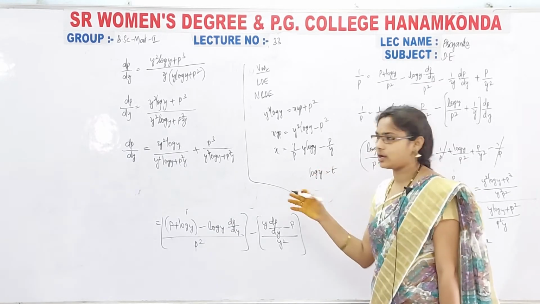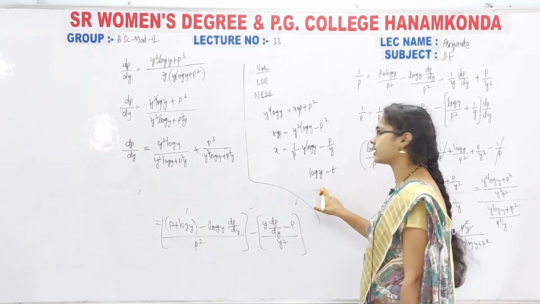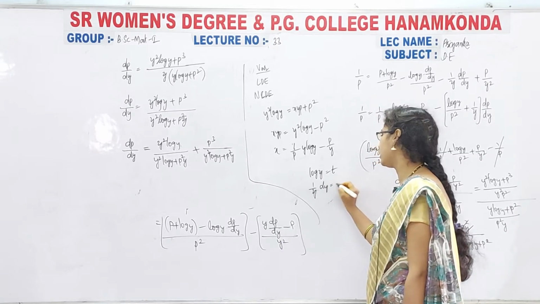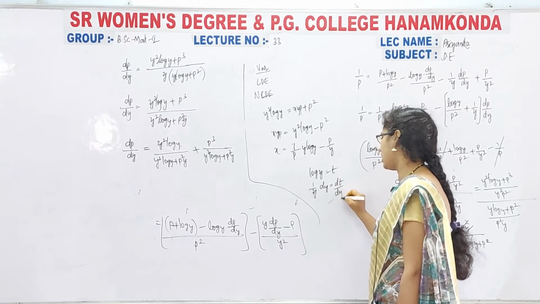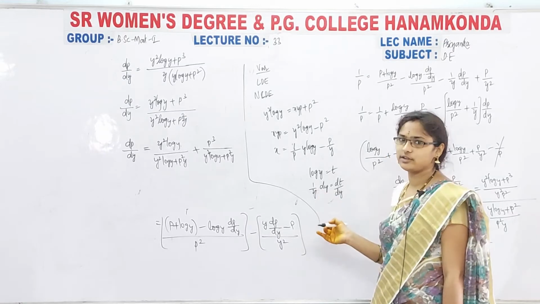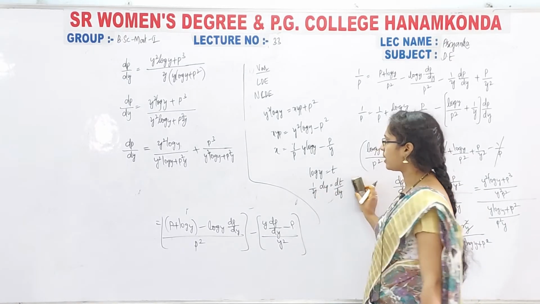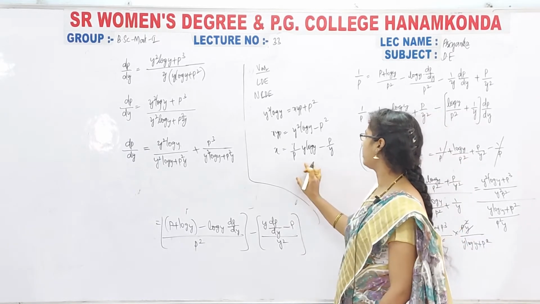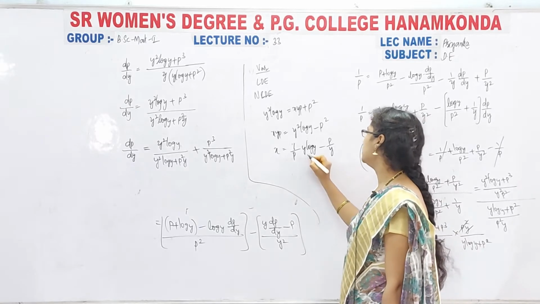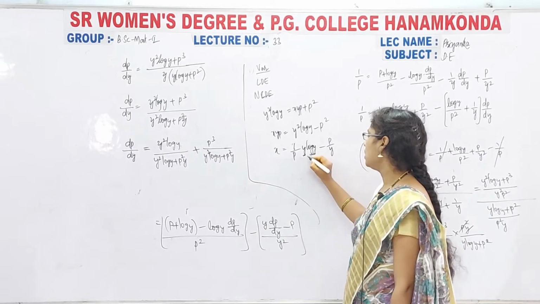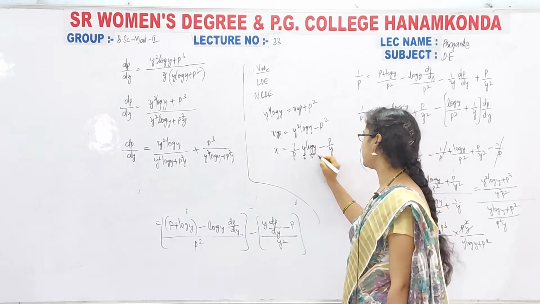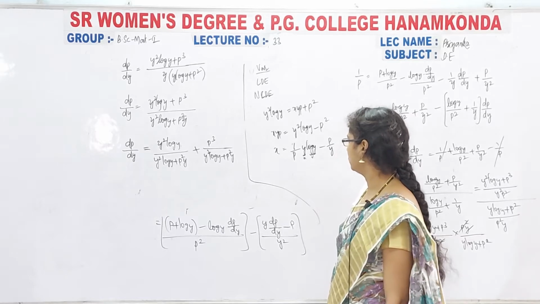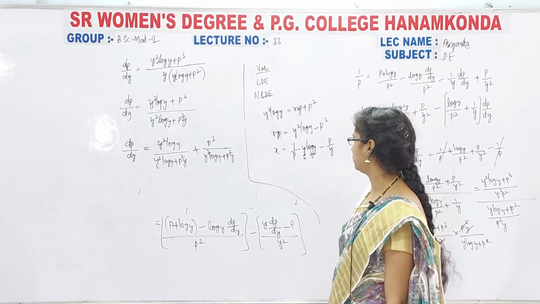Differentiating with respect to y, 1 by y into dy equals dt by dy. Here we don't actually have 1 by y dy, so by this consideration we are not getting it, but I want to check it once. Now see here 1 by p square. It is a logarithmic differentiation, where we have u and v, and we did that with p square, and here what we got.